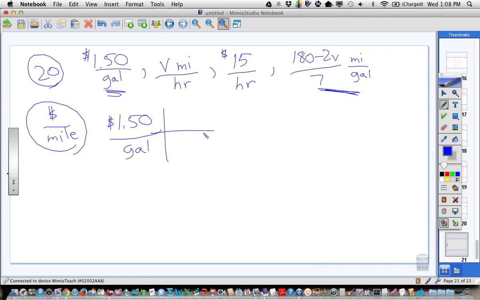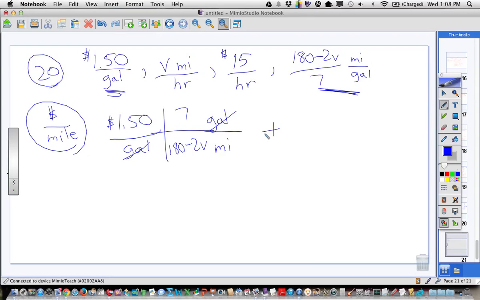And I want to cancel gallons and have miles on the bottom. Well, that's upside down. So what do we do? Just flip it. There we go. So this would be 7 gallons over 180 minus 2V miles. And what happens? Gallons cancel gallons, and we get dollars per mile. So that's how much the gas is going to cost us in dollars per mile.